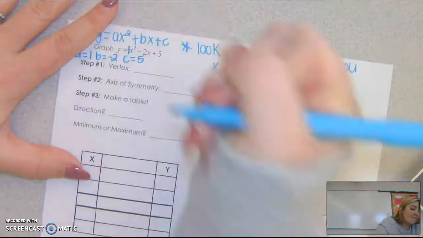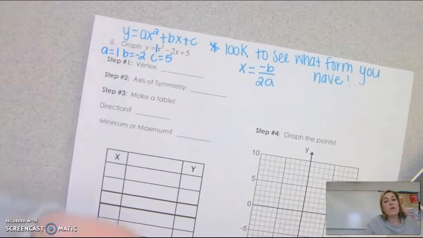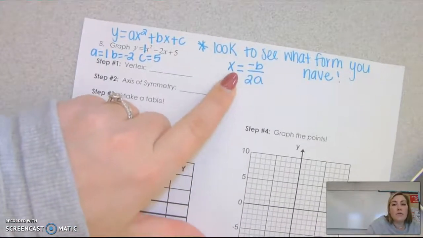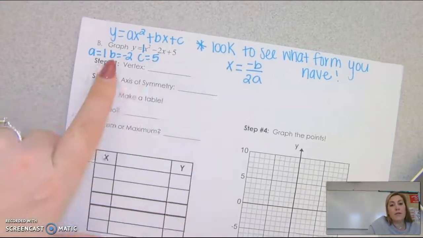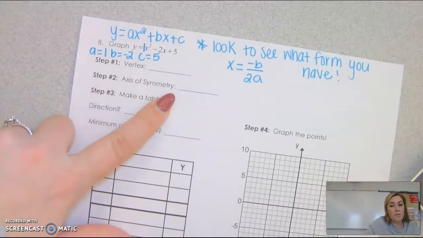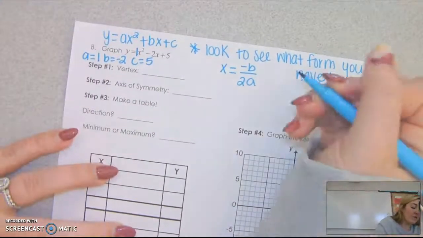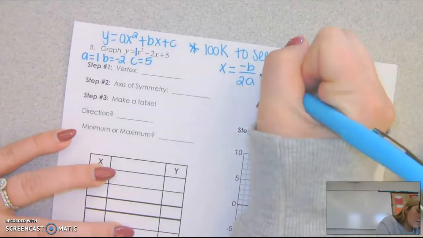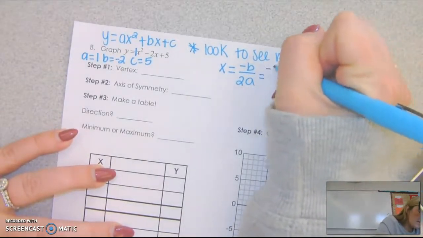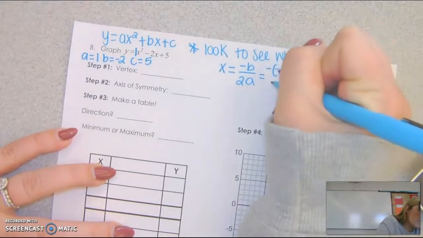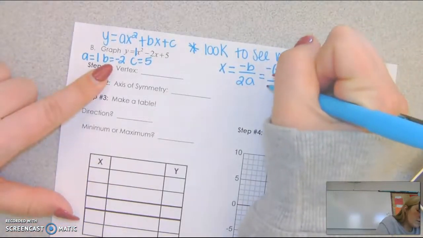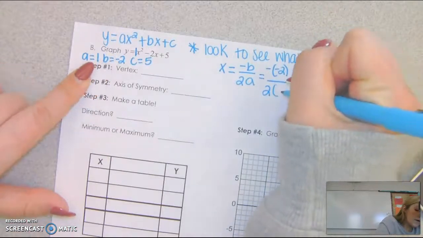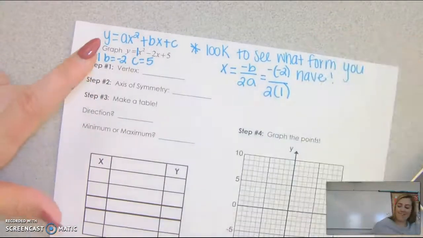So c equals 5. So in order to plug in numbers for the opposite of b over 2a, I need to know what my a, b, and c are. So I'm going to use those numbers to plug that in. So I have -2. That's my b over 2, and my a is 1.